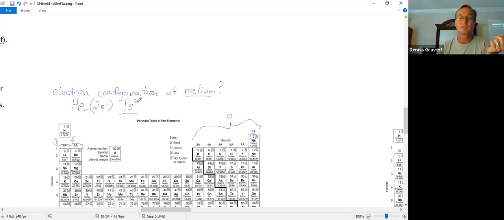The little superscript 2 just means the 1s orbital has 2 electrons in it. Or you can use lines and say, hey, there is an orbital, the 1s orbital, and I'm going to put 1 electron in here and use a little half arrow to show that. And the second electron is going to be an upside down arrow.